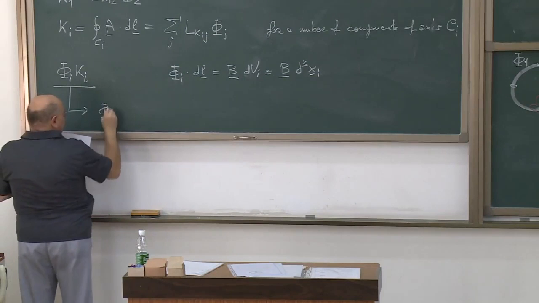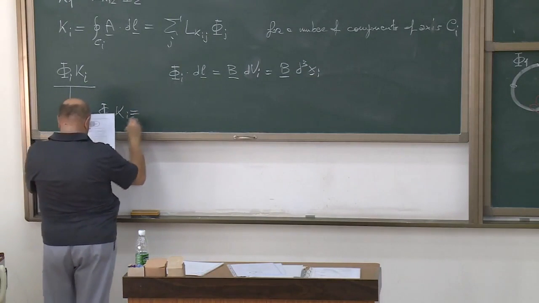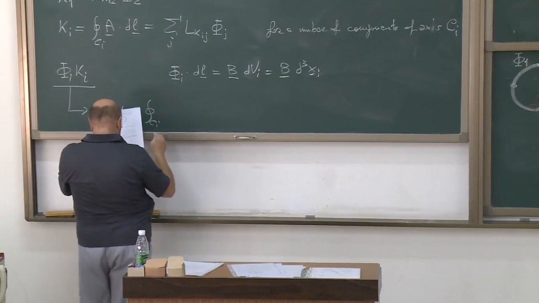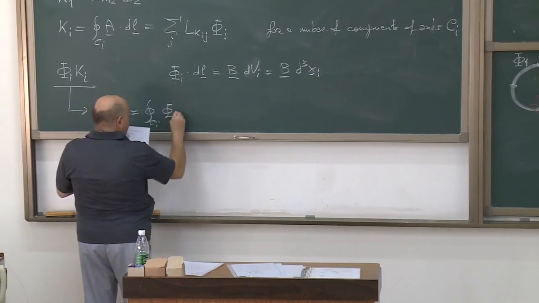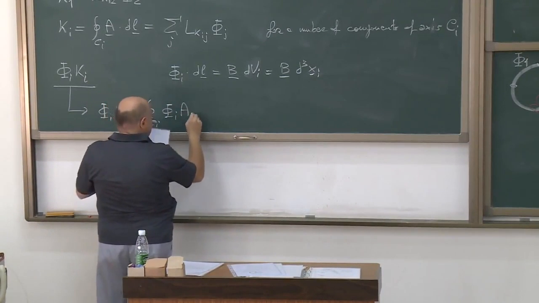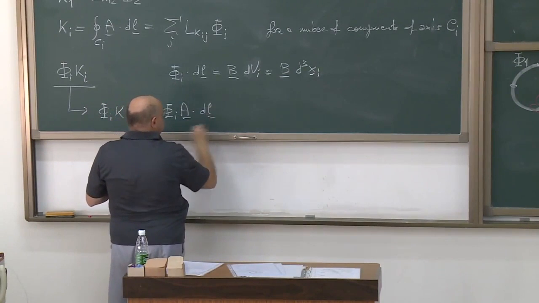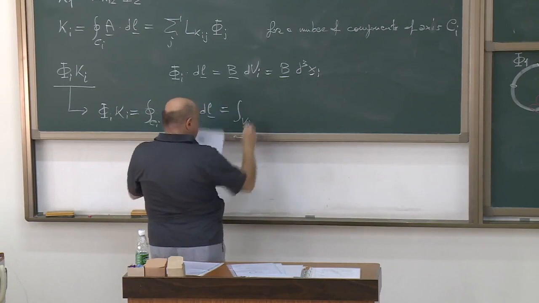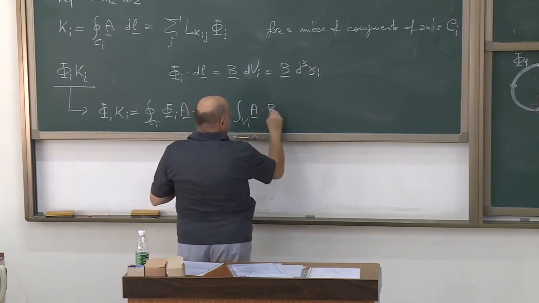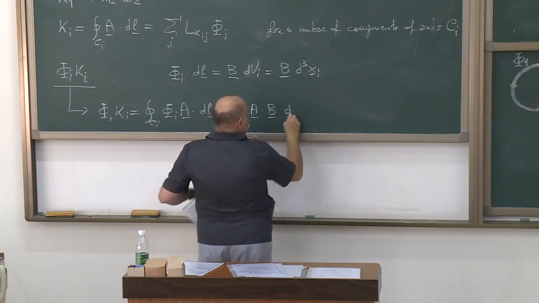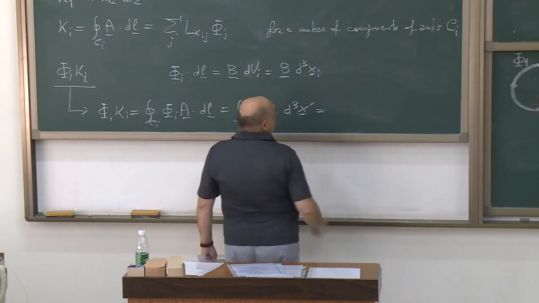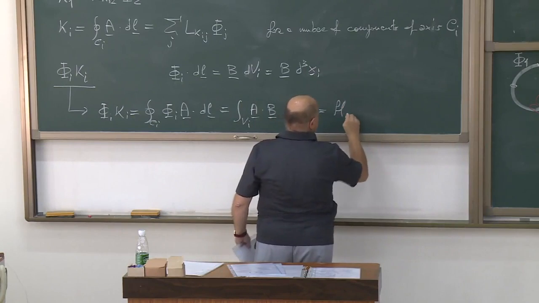So phi I ki is just the integral on each Ci of phi I A dl, and this is the integral on each volume of A dot B d3x, and this is helicity.